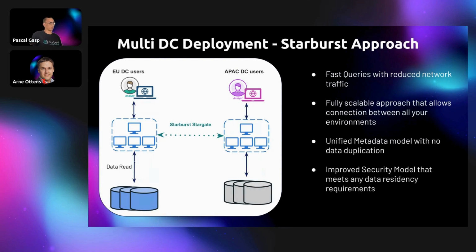We can create different clusters and put the cluster in the region of your data, close to your data, and then connect the clusters together. The benefit is that now you can compute where your data live, apply the regulation there, improve the security by computing the data where they live, and retrieve just the data you need to the local cluster you want, and you will be able to federate data on both sides.